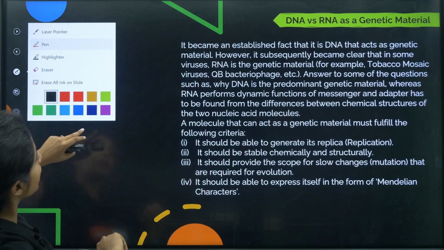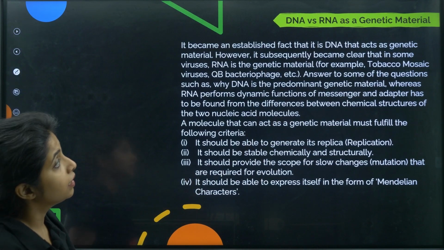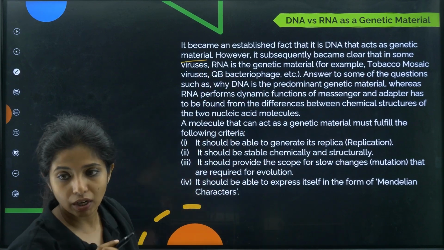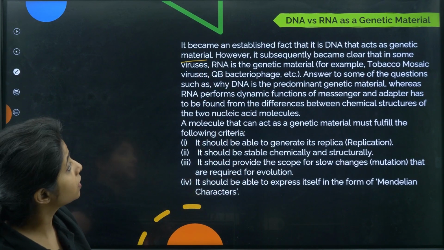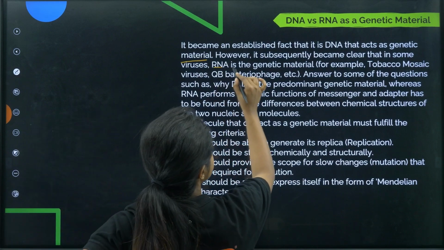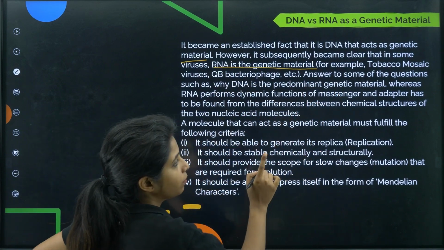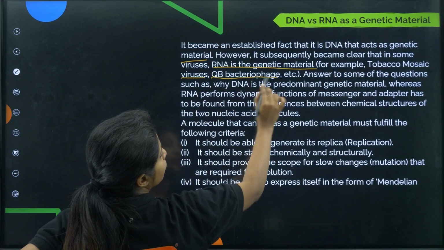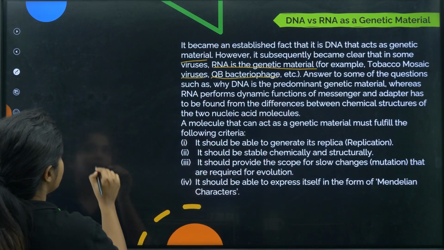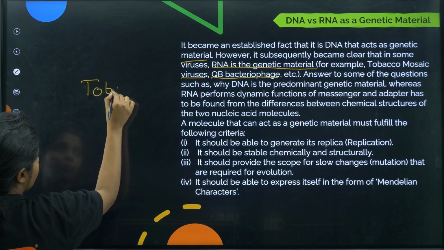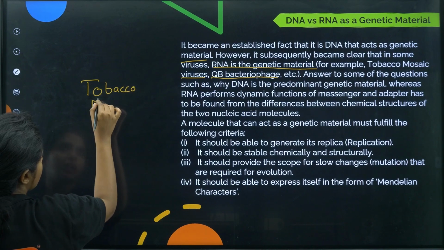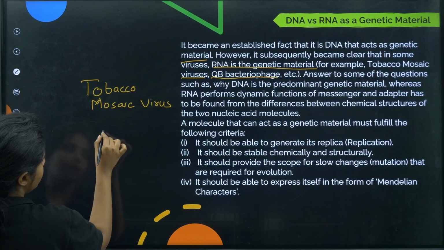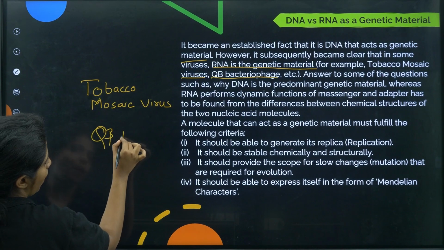So it became an established fact that it is DNA that acts as a genetic material. We proved it with the earlier experiments, right? However, it subsequently became clear that in some viruses, RNA is the genetic material, and you have to remember the names of them. For example, tobacco mosaic virus, Q beta bacteriophage, etc. So will you remember the names? The first one is tobacco mosaic virus and the second is Q beta bacteriophage.